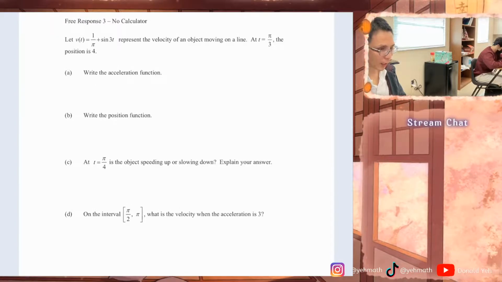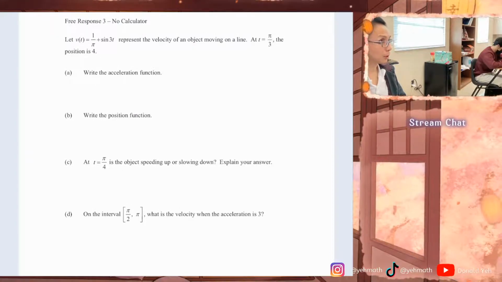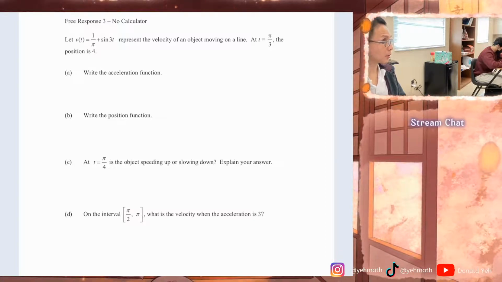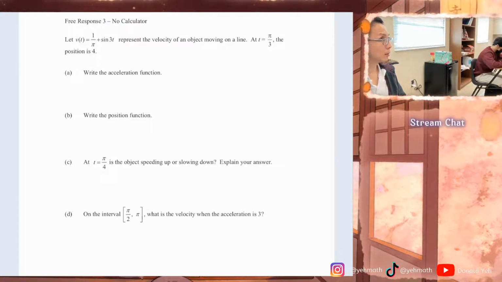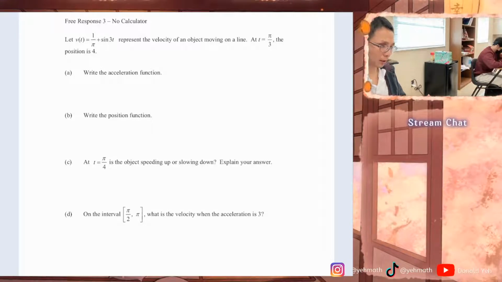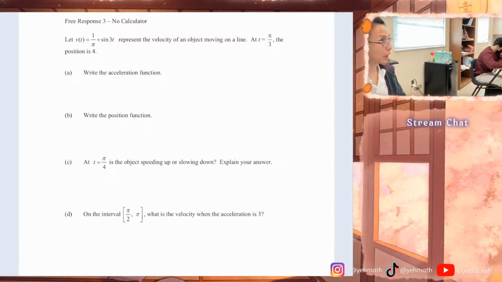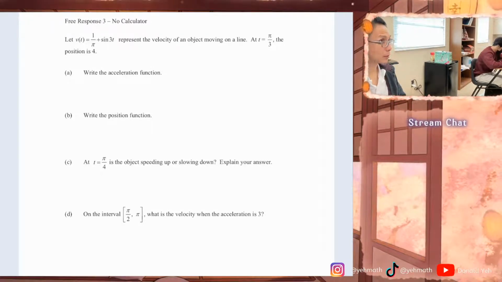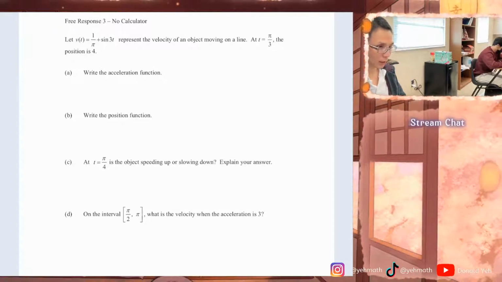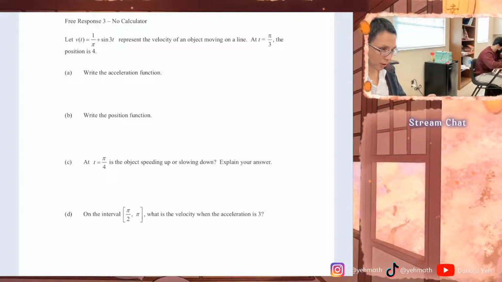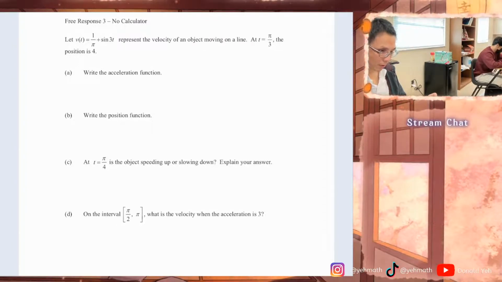On your homework, you're going to have this question. Again, pay attention to the question. Do you see something in the question that you have to highlight? What is it? The condition that at t equals pi over 3, the position is 4. That's called the initial condition.